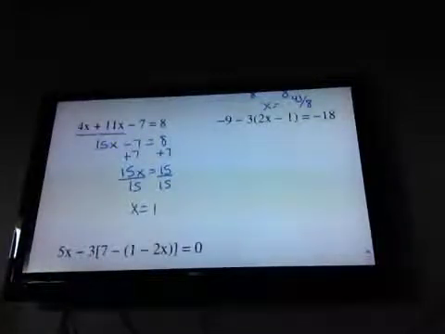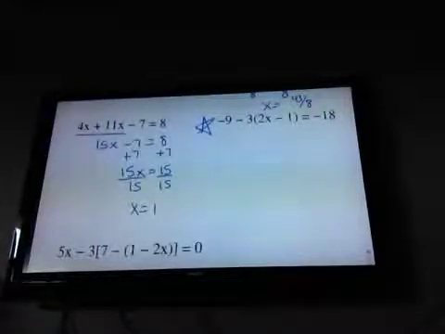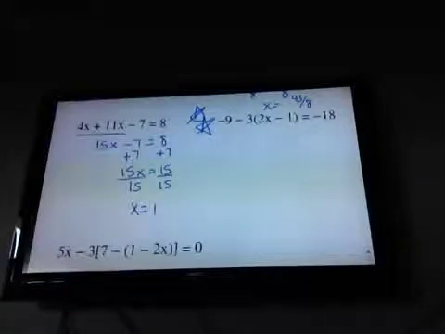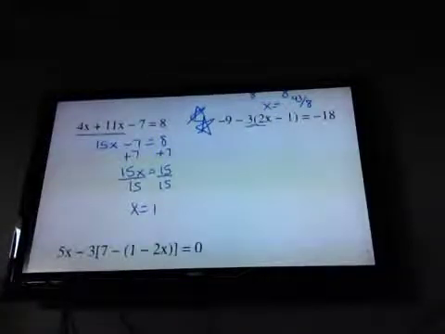This mistake was made on your assessment that you just got back. We did talk about it. I'm going to start again. -9 minus 3 times... multiplication. Multiplication comes before subtraction. So the distributive property comes first.